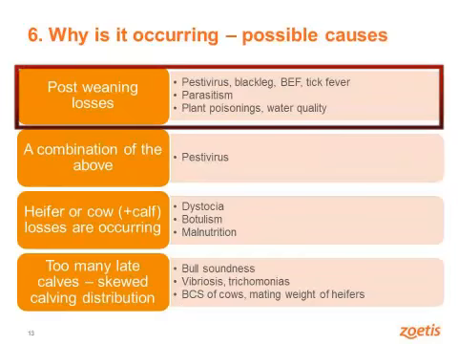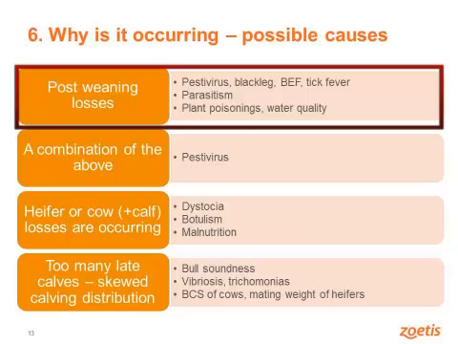Continuing on, the next syndrome that we want to look at is post-weaning losses. Losses post-weaning can be those involved with pestivirus, again generally due to the loss of persistently infected calves. Can be due to blackleg in young rapidly growing animals. Can be due to bovine ephemeral fever or 3-day sickness. Can be due to tick fever. Can be due to parasitism due to worms or ticks.